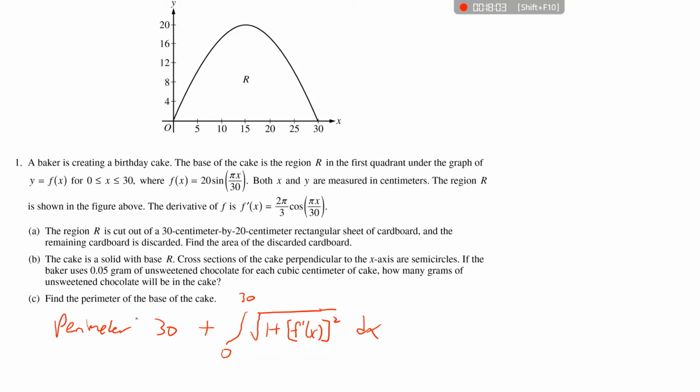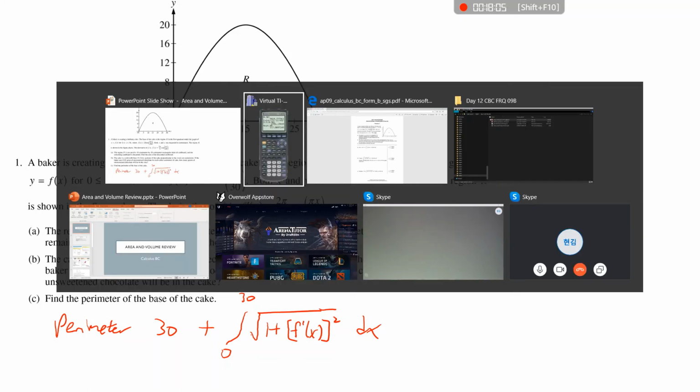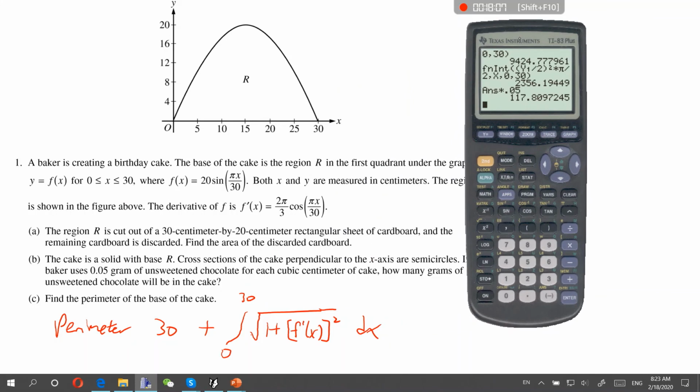So we just need to plug that in. Okay, so that gives us 30 plus the integral. I need to derive this first, don't I? No, it's given here. Okay, so I just need to plug that in: 2 pi over 3 times the cosine of pi x over 30.